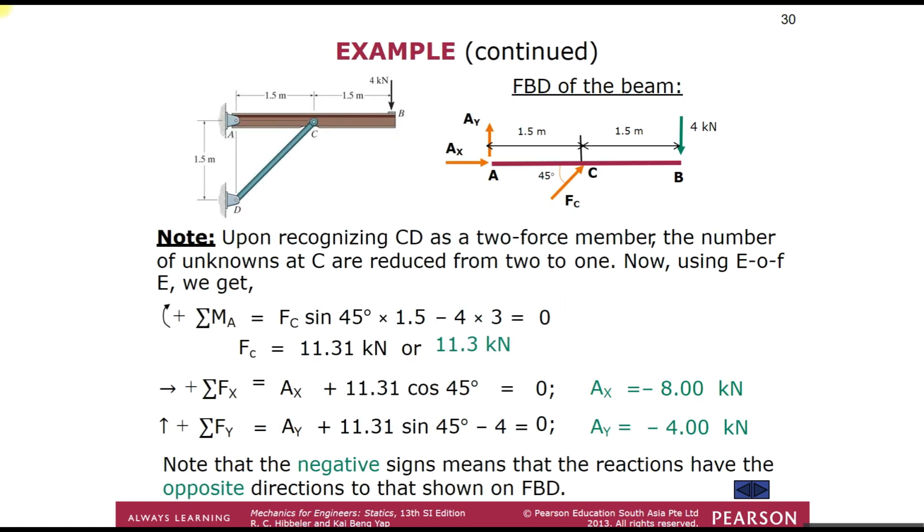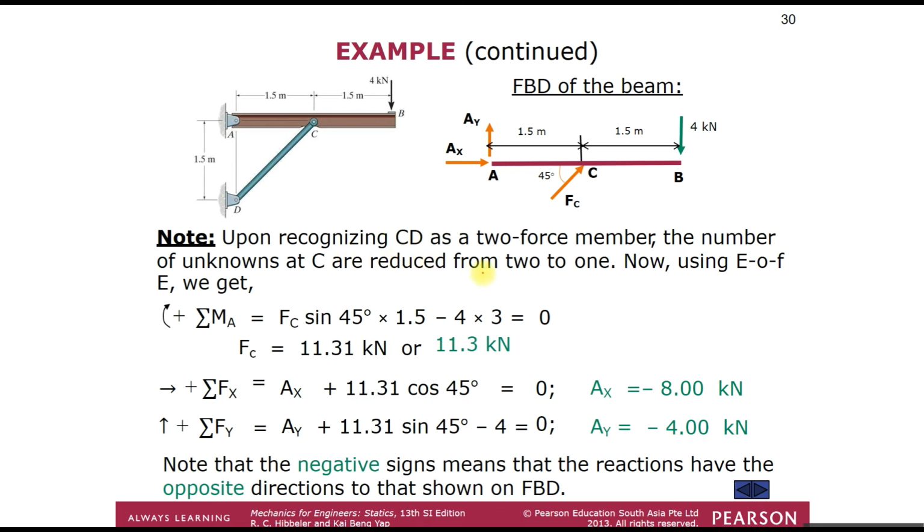Okay, so this would be the free body diagram that we draw. We have the reaction forces Ax and Ay at point A, the 4 kN load at B, and the reactive force FC acting at C at an angle of 45 degrees.